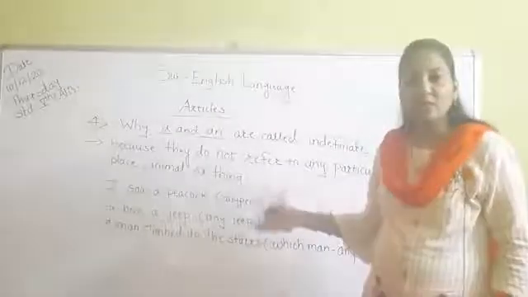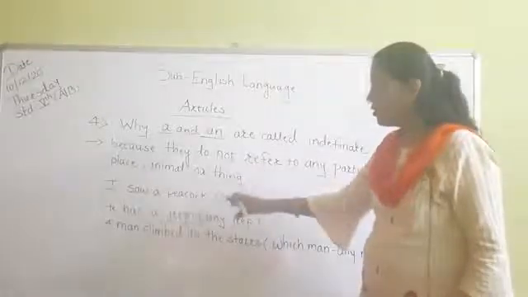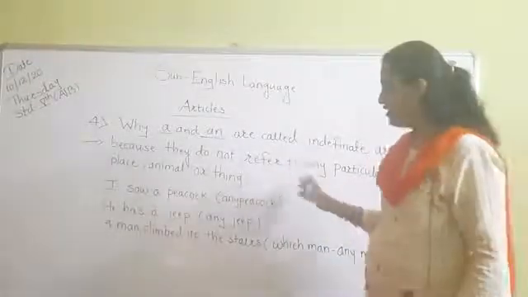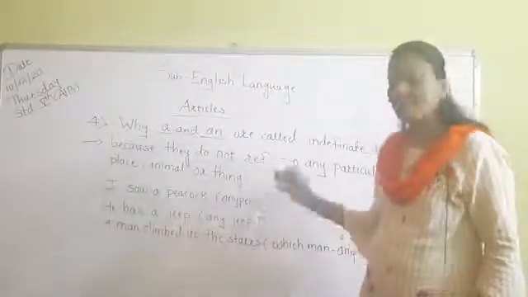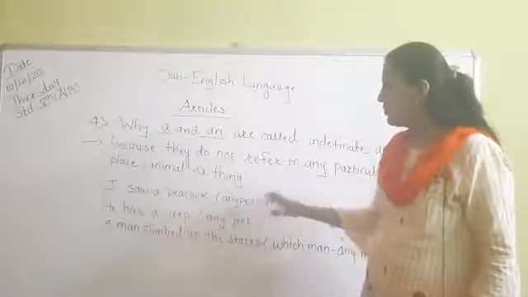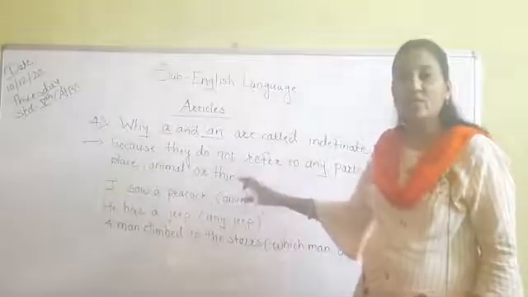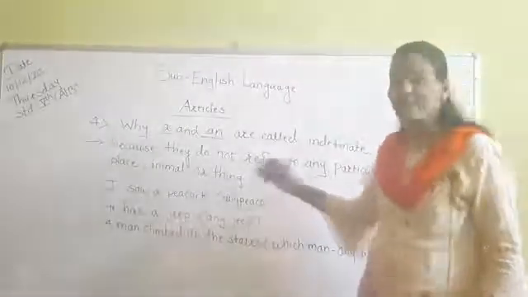We are not talking about a particular thing. I saw a peacock means any peacock. He has a jeep means any jeep. It is not mentioned here that the peacock has a blue color or a green color.